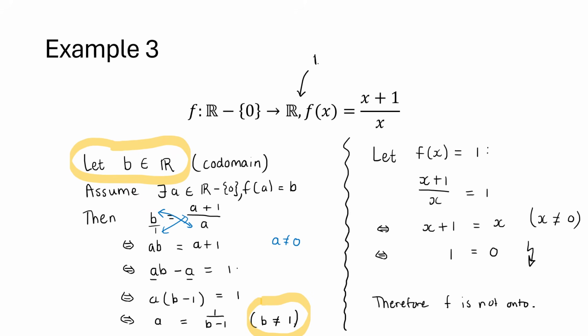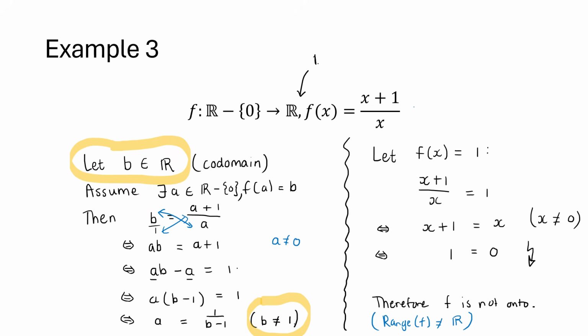It means the range of f is not equal to the codomain, which is R. The range of f is going to be smaller than R. Just to give you the fuller picture, what is this function actually? We have x plus 1 over x. What does it look like?